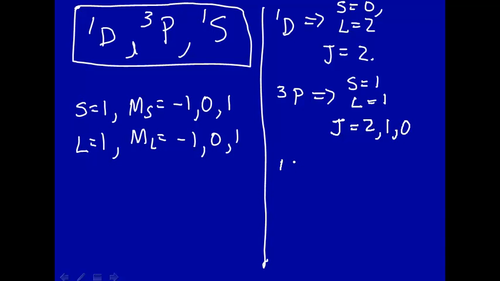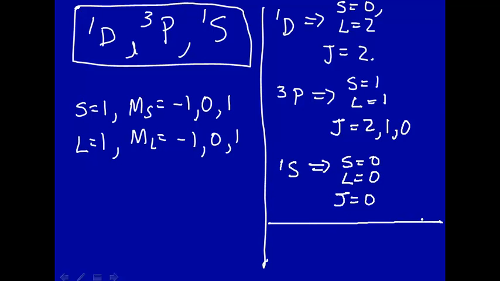And let's look at the singlet S. This implies that S is equal to 0 and L is equal to 0. That means that J is equal to 0. So with the J values, these are possible term symbols for the ground state of carbon. We have a 1D2, we have a 3P2, 3P1, 3P0, and a 1S0.